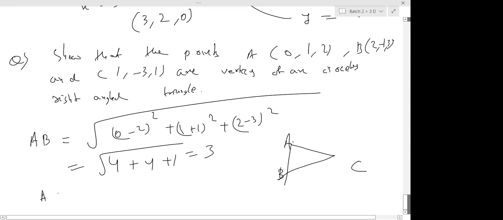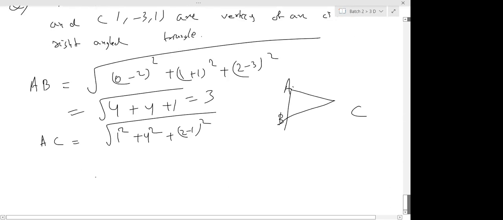Now AC: this is 1 square plus 4 square plus (2 minus 1) square, so 1 plus 16 plus 1, that is root 18, and that is 3 root 2.